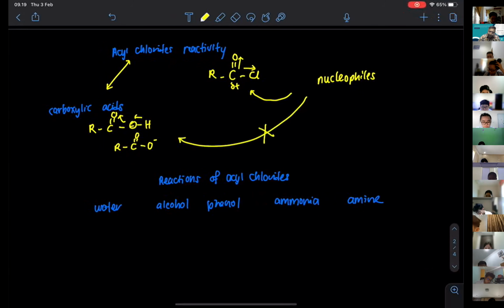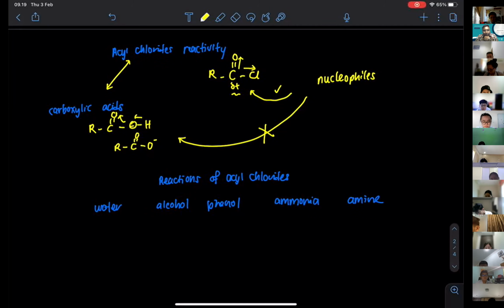So therefore, for the carboxylic acid, it's better to react with acyl chloride because it is much more reactive. Because the delta plus over here is going to be the added advantage for the reaction to happen. Therefore, that is going to be about the acyl chloride.